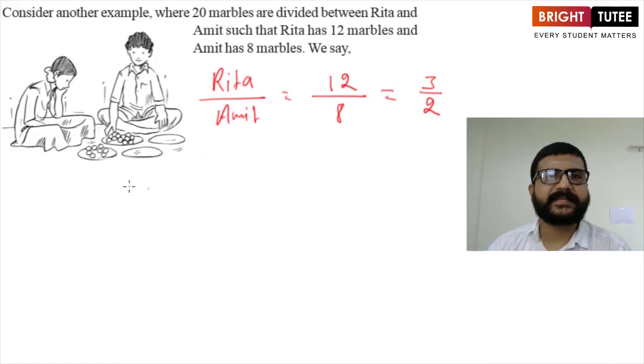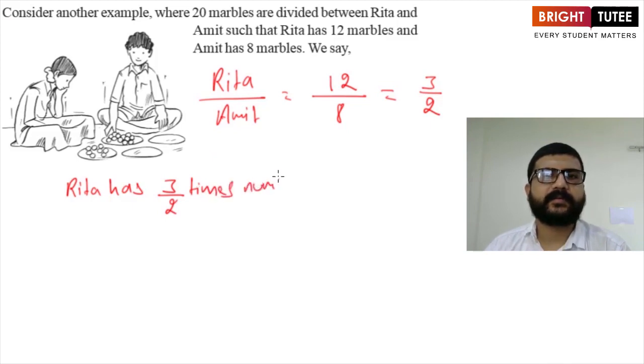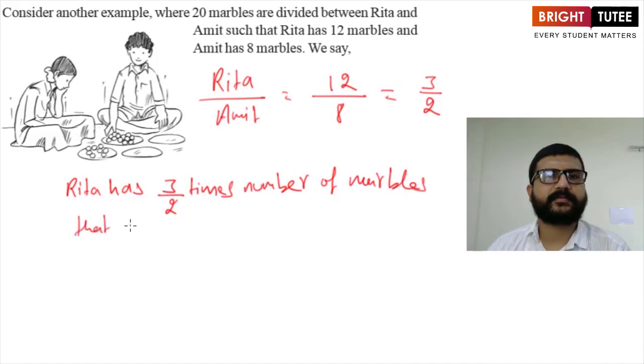So it means we can say that Rita has 3 upon 2 times the number of marbles that of Amit's marbles.